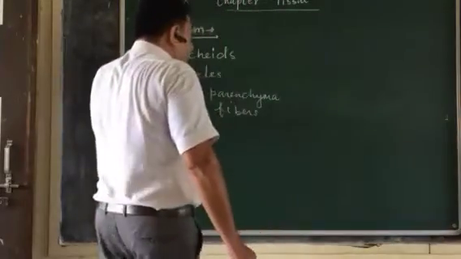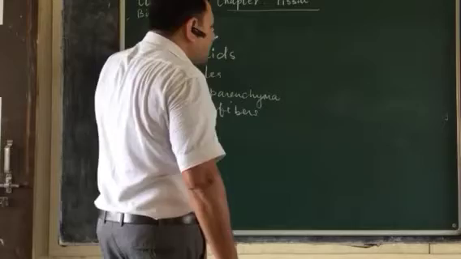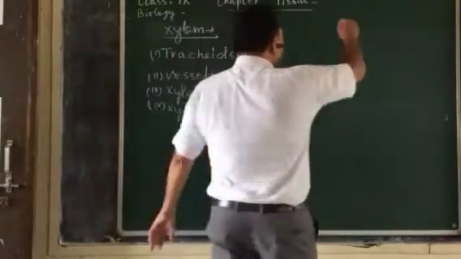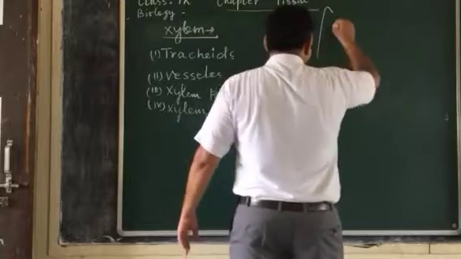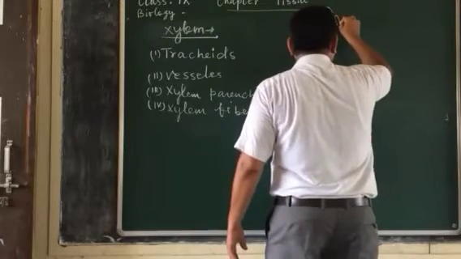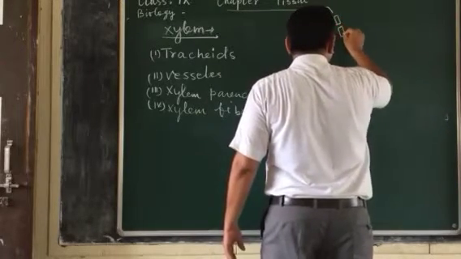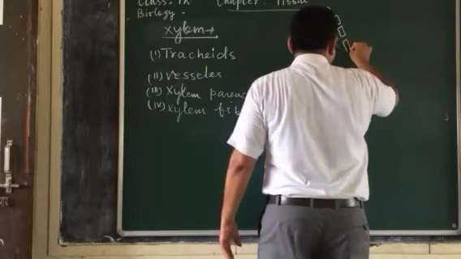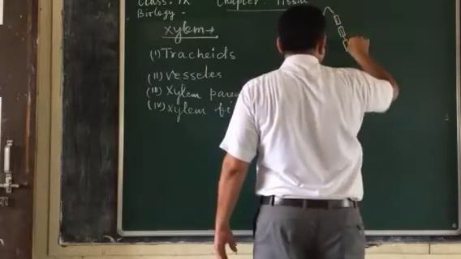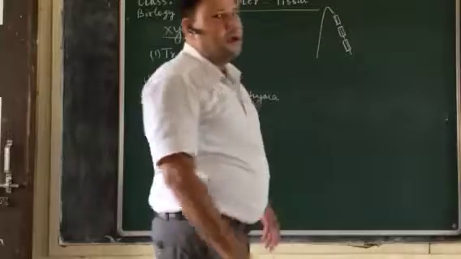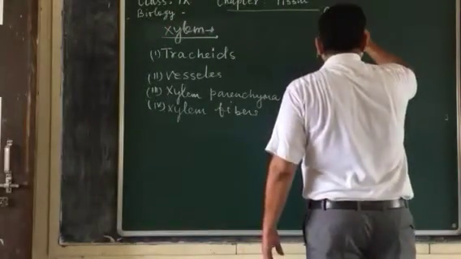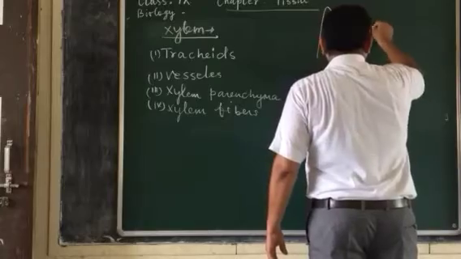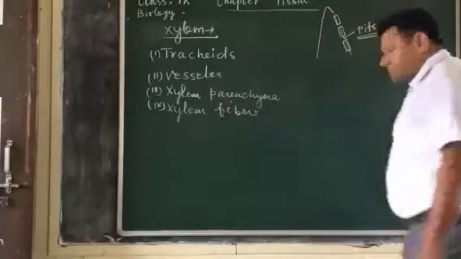If you see the structure of tracheids, you will understand that these tracheids are made up of single cells, in which numerous gaps called pits are present.